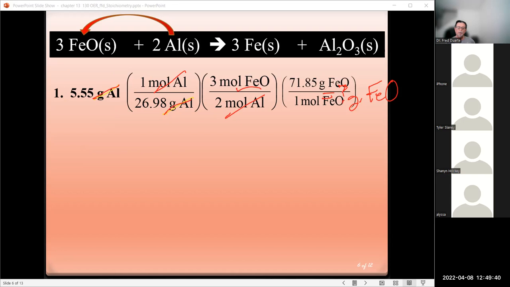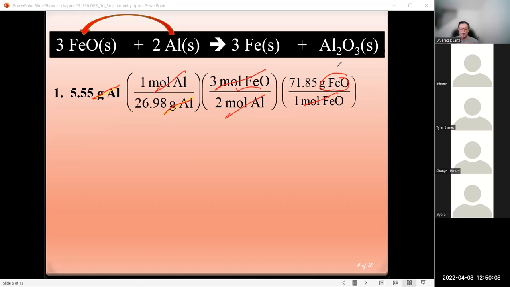And that one conversion factor, let me clear that up right here. Okay, looking at my units again, moles of iron(II) oxide cancel, moles of iron(II) oxide. So I've gone through here, leaving me behind with units of grams of iron(II) oxide, which is what the question asked for.